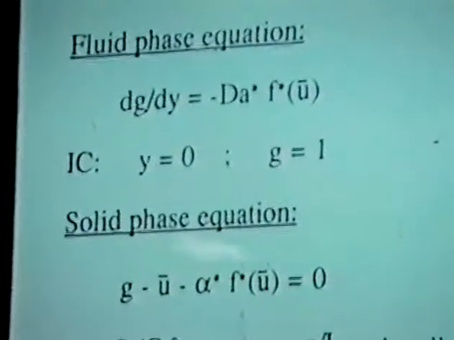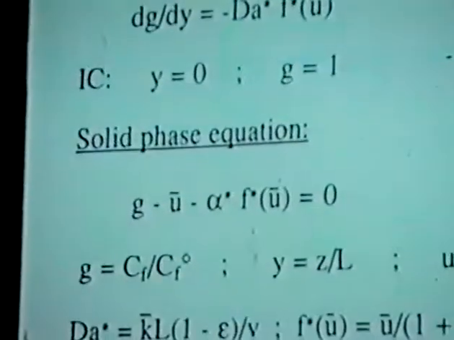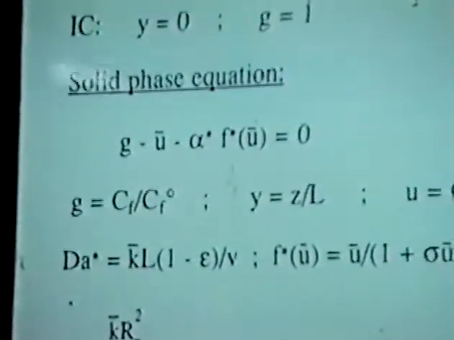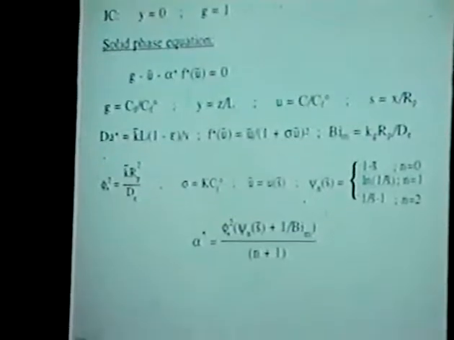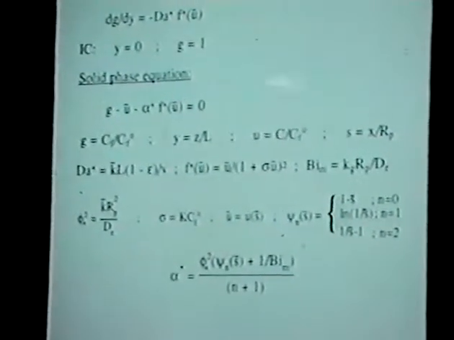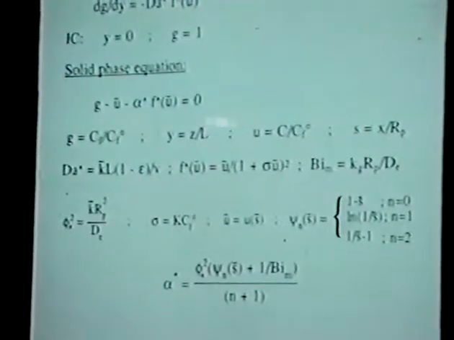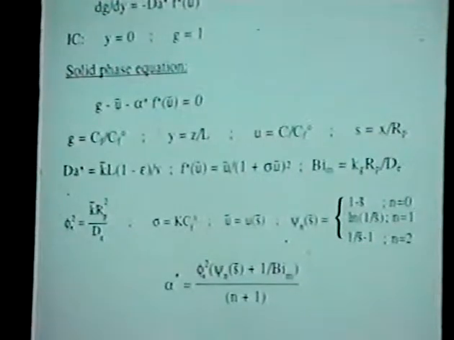For the solid phase equation, we have diffusion and reaction taking place in the solid phase. But by substituting in the delta function as the distribution function for the catalytic activity, we end up with this expression, which is the solution to the diffusion reaction equation.